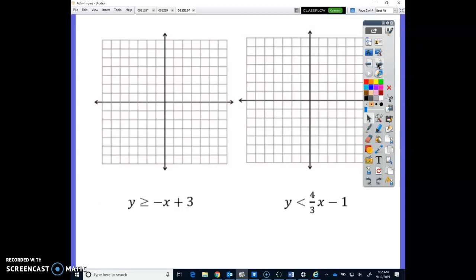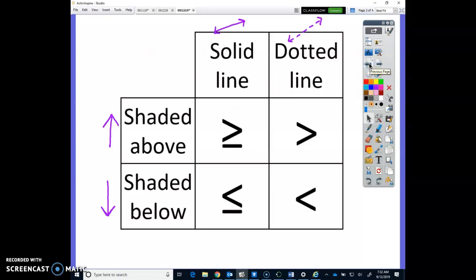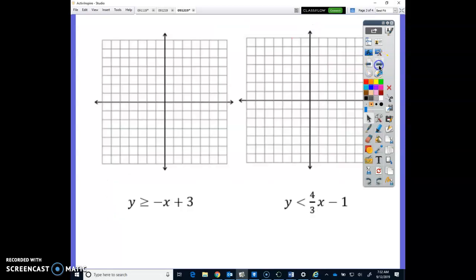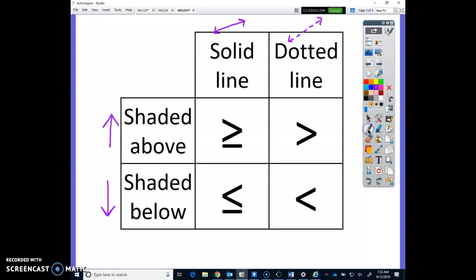Okay, again, if I'm going too fast, you pause, you rewind, so you can write down your notes. Okay, so we can graph these by hand, and we can also graph them in Desmos. I forgot to tell you, write this down.